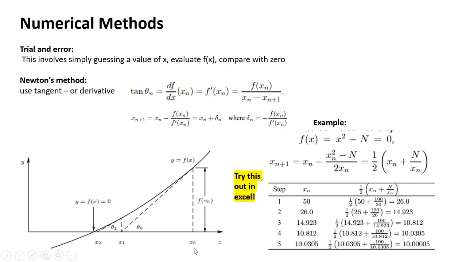Let's call this x naught. So that's like our starting guess. If you have no idea where the answer is and you have to start somewhere, let's start right here. So we just plug that value of x into our equation and see where it ends up. So that's going to be the rise of it.